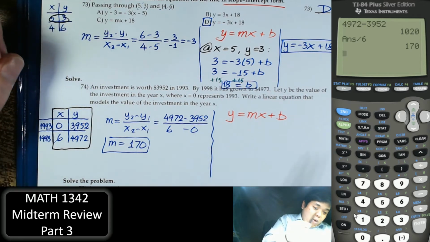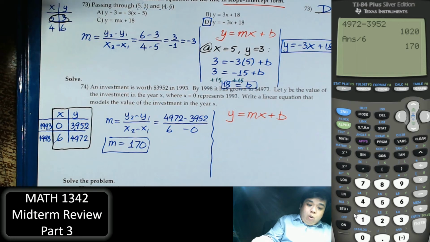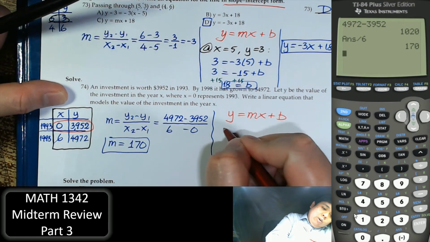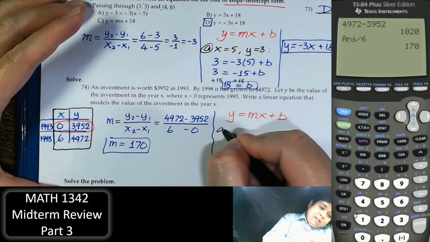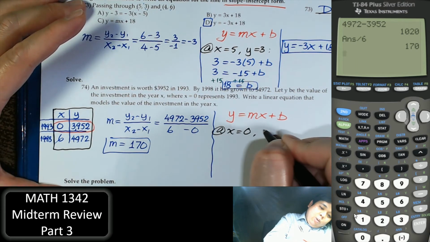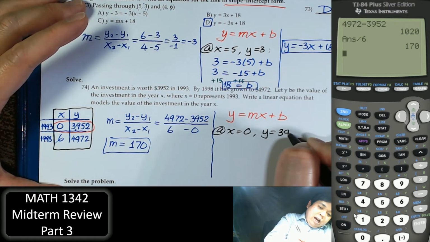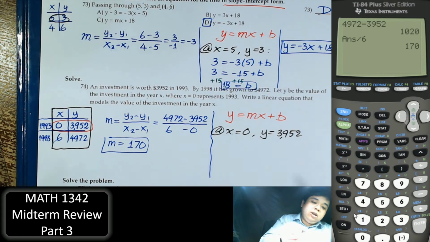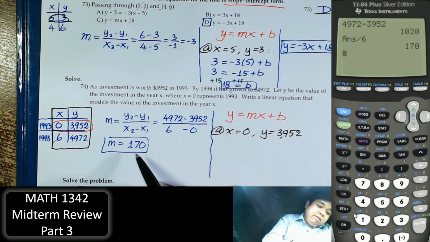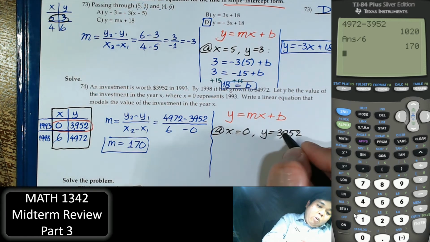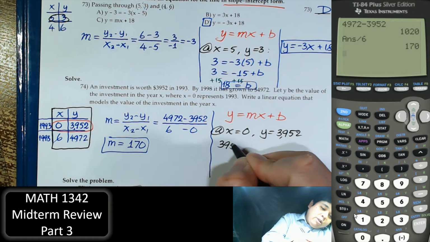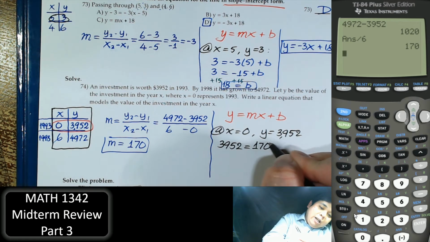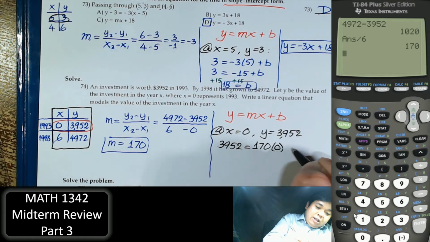We have m is 170, which is good. Now all we need is one pair point. Let's just use this one. At x equal to 0, y equal to 3,952. So I'm just going to substitute in everything we know. y is 3952, slope 170, x 0, and b.